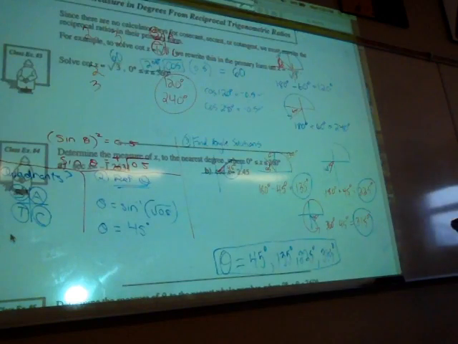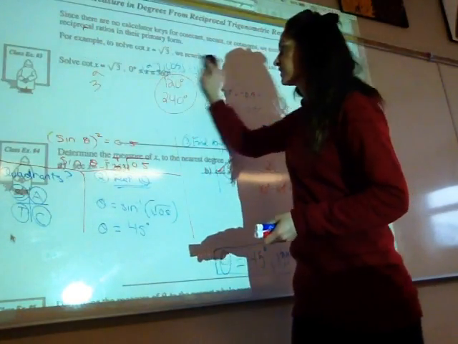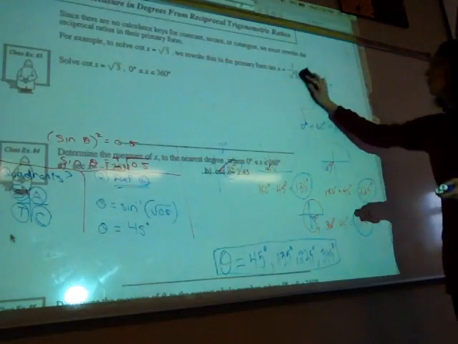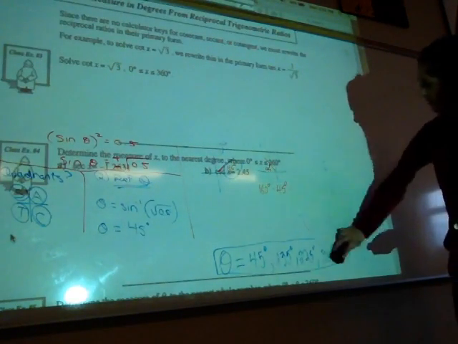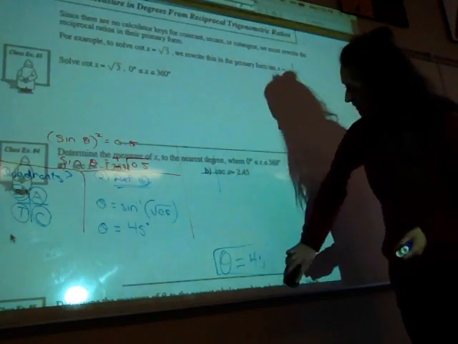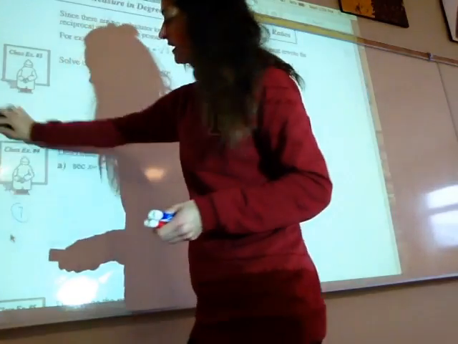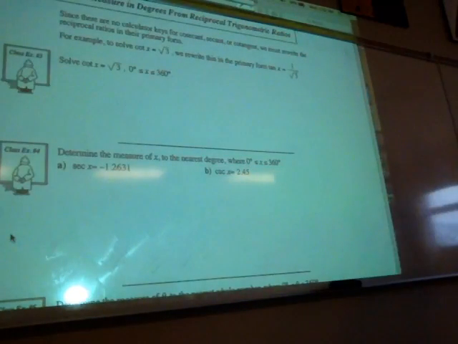So rather than dealing with our primary trig ratios, sometimes you're going to be given questions that start with the reciprocal trig ratios. So for example, if we had cotangent of x equals the square root of 3. Do you guys see a button on your calculator for cotangent, secant, or cosecant?